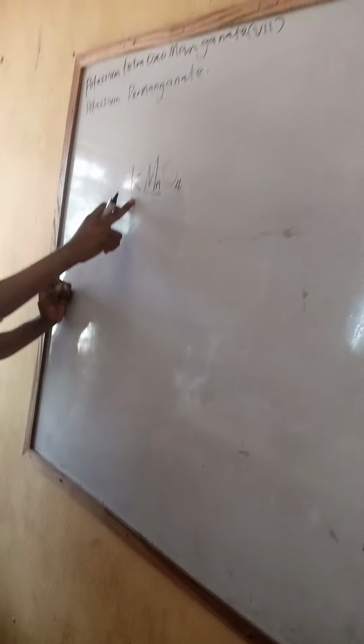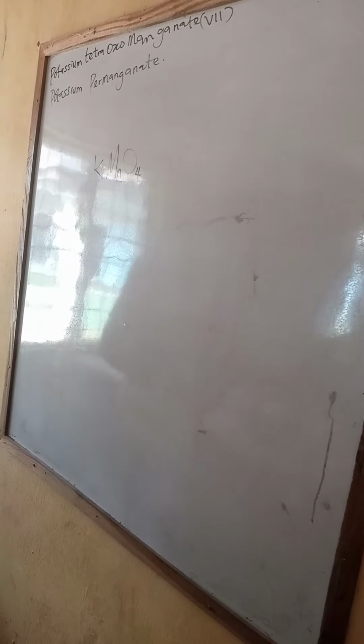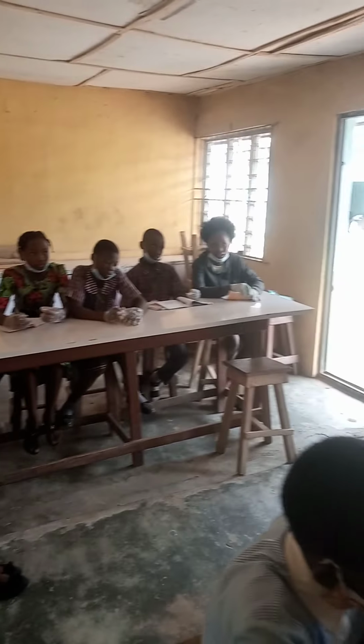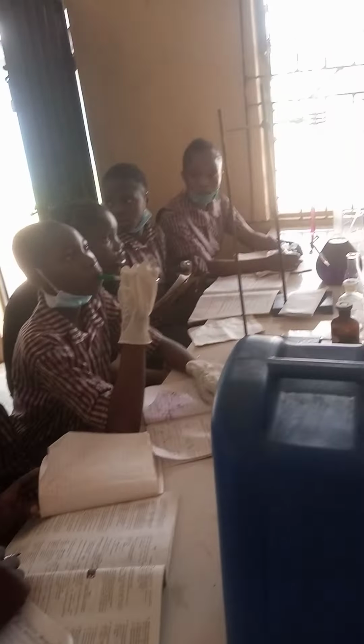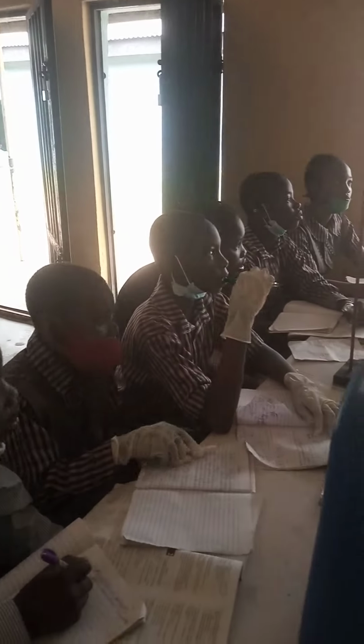Who can tell us? Oxidation number for potassium. I expect them to be telling you that. Oxidation number, that's atomic number. So with the atomic number, you get oxidation number. I explained to you. Oh, you are not in the class. Sorry.